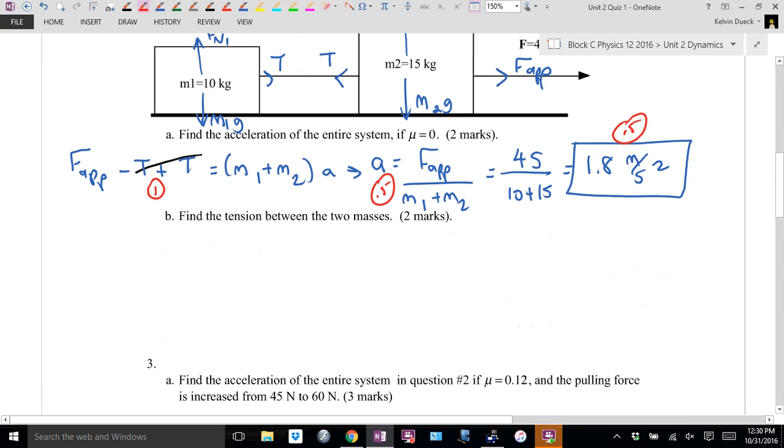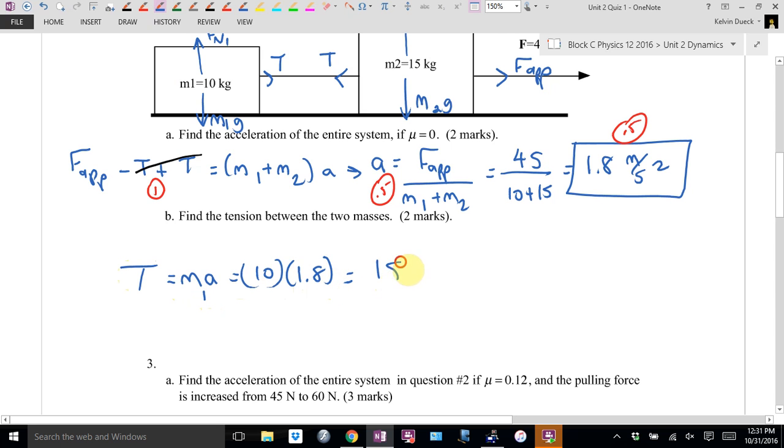Find the tension between the two masses. Either mass will work, but I think I'm going to target mass 1. Because if I target mass 1, the equation is going to be tension, no loser, equals M1A, where M1 is 10 and A is 1.8.